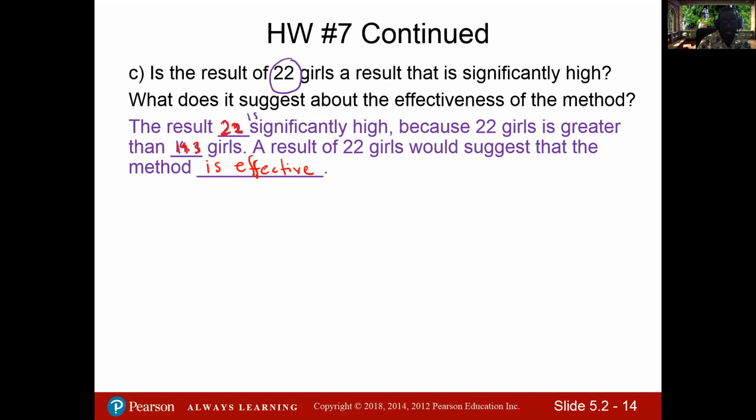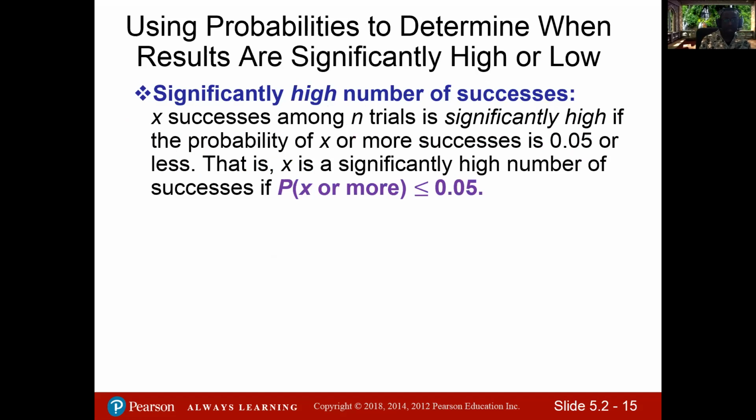All right, now apart from using the range rule of thumb, that is within 2 standard deviations, if you're in the tails, to the right is significantly high, to the left is significantly low. We can also use probability to determine that, as we have been doing.